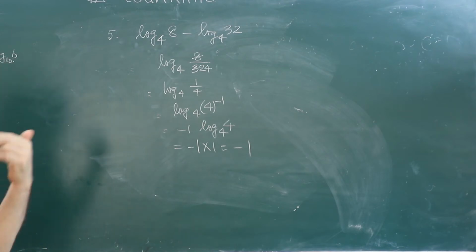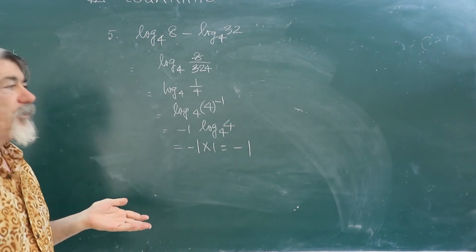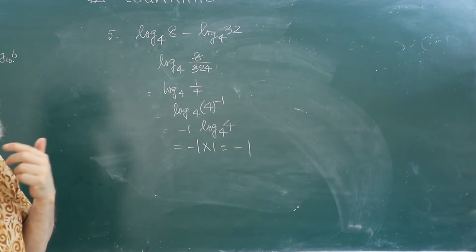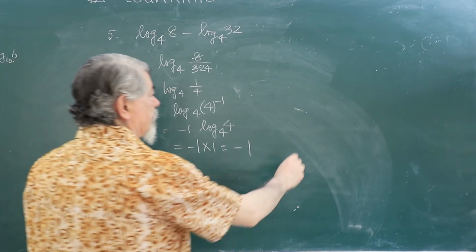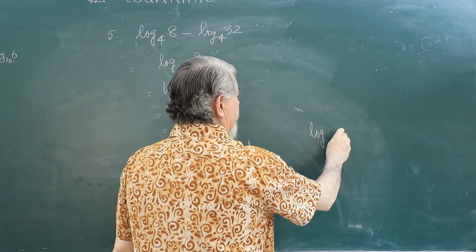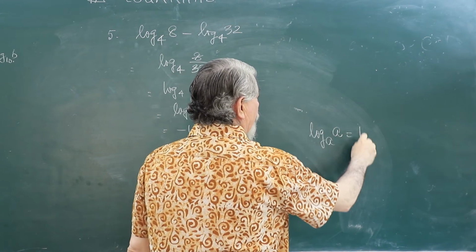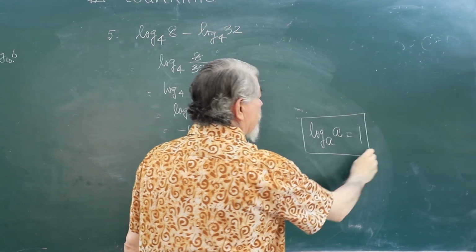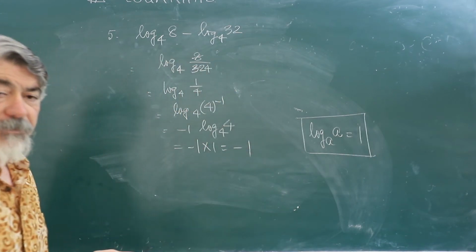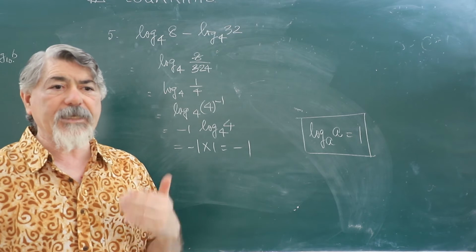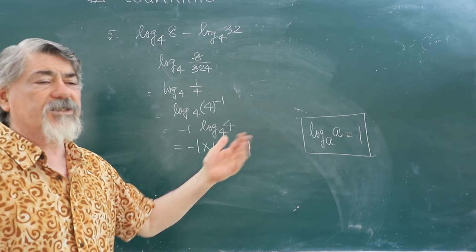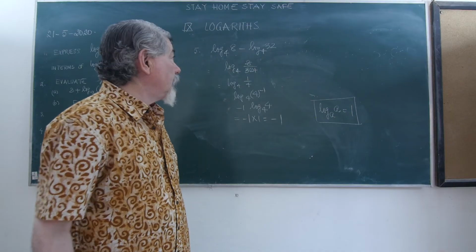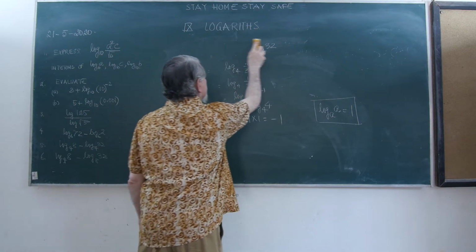If the number and its base are the same, then it will always be 1. Log A to the base A will always be 1. We have shown you 3 examples: log 10 to the base 10, log 4 to the base 4, log 6 to the base 6, all are 1. Now let us see the next question.